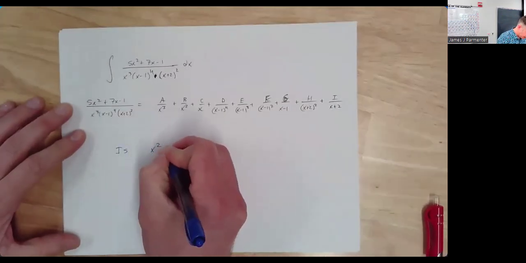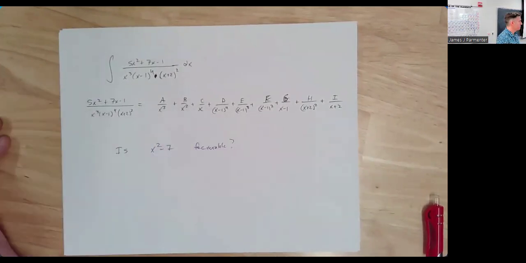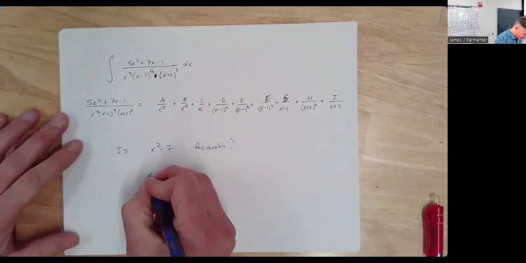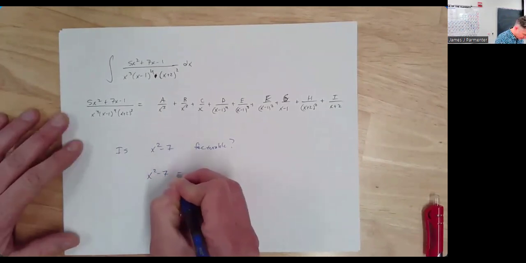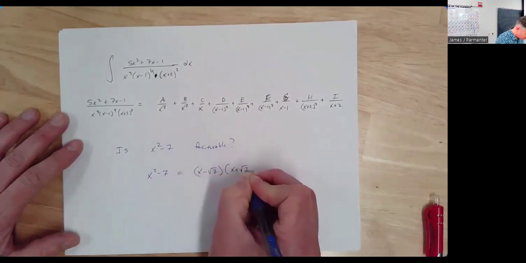Is x squared minus 7 factorable? No, not nicely, but yes, it is. It factors annoyingly as x minus the square root of 7 times x plus the square root of 7.